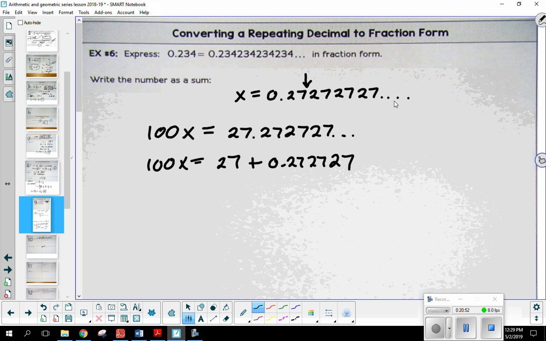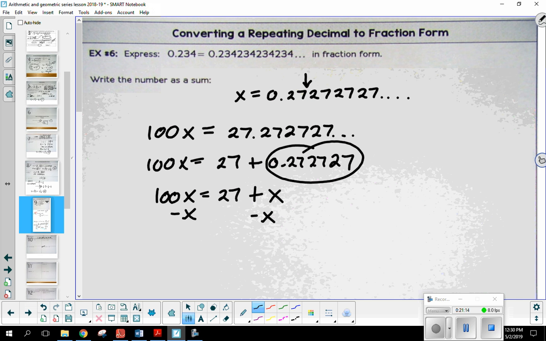And now what would I do? There you go. By breaking it apart, that is the original value that I had, right? So 100x is equal to 27 plus x, and now you just solve your 2-step equation. So I'm going to subtract x.